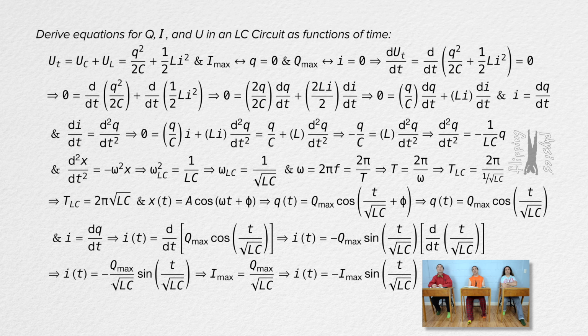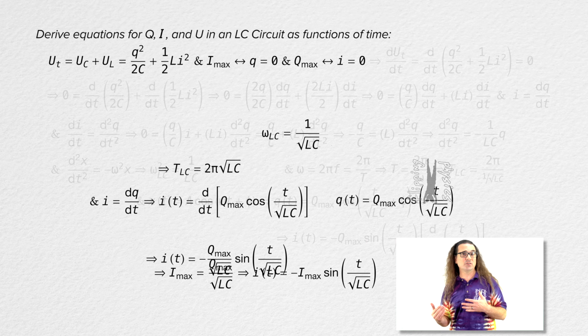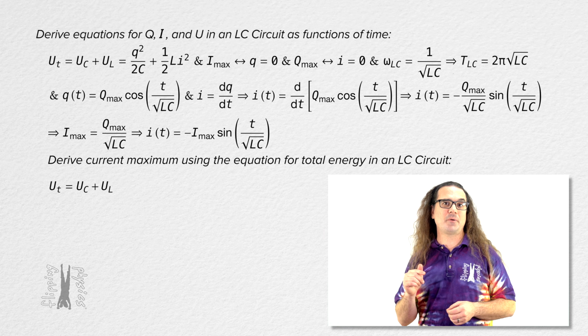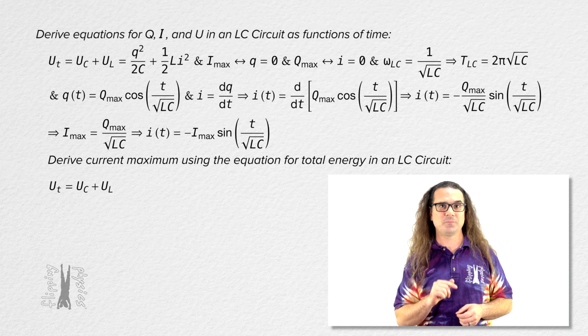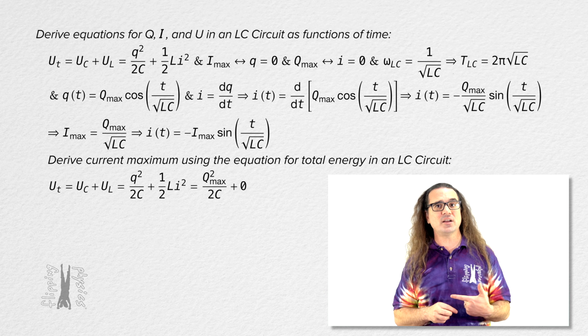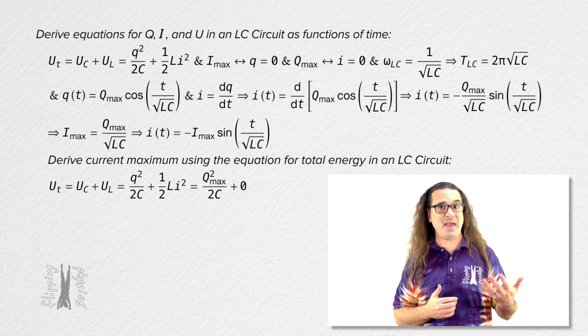Valid point, Bobby. And we can also determine that equation for maximum current using the energy equations. The total energy in the LC circuit equals the energy in the capacitor plus the energy in the inductor. That equals charge squared over 2 times capacitance plus 1/2 inductance times current squared. When there is 0 energy in the inductor, all the energy is in the capacitor and the charge is at a maximum.